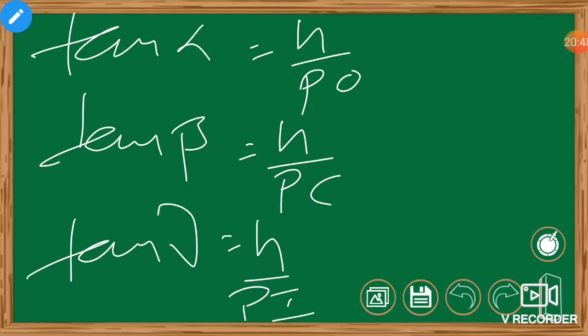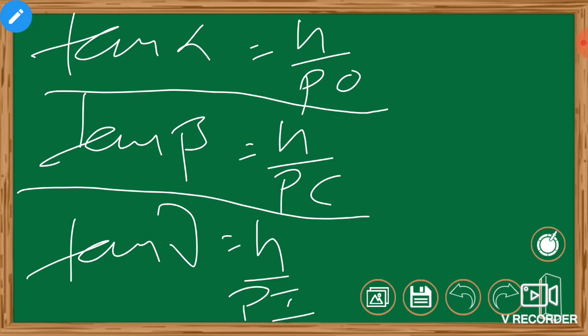So finally we got the values: tan alpha equal to H by PO, tan beta equal to H by PC, and tan gamma equal to H by PI.